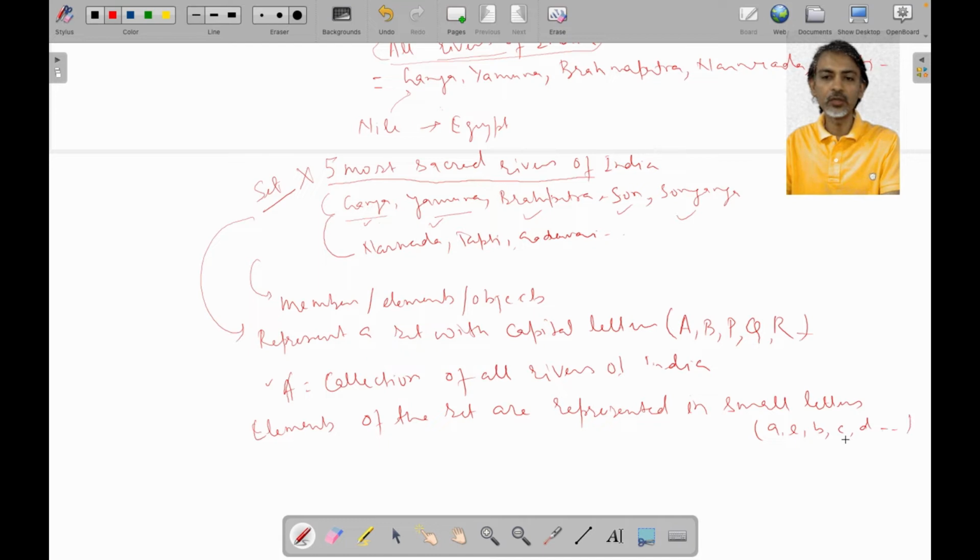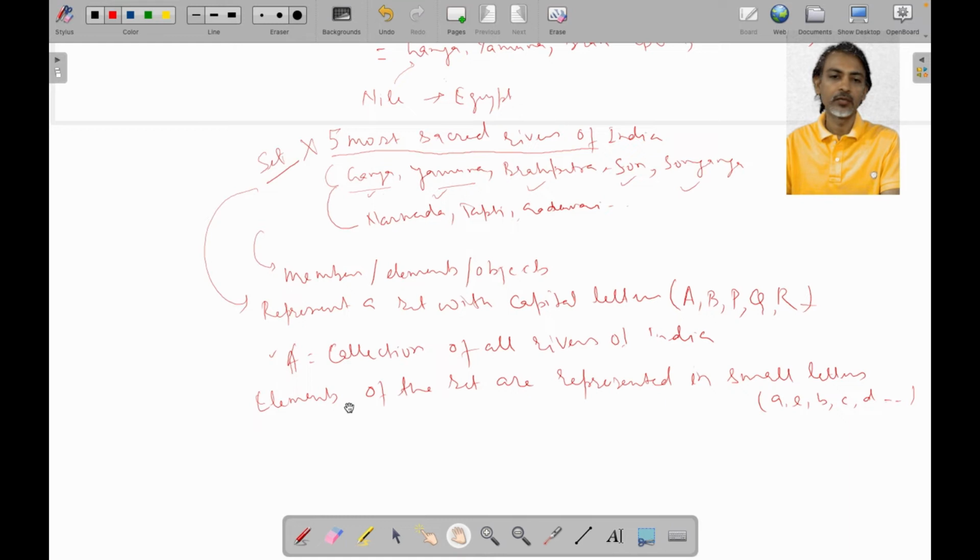Usually we do that, but at times you would see that people write elements of the set in capital letters as well, and in NCERT itself we will see that. But usually we try to write elements of the set in small letters.